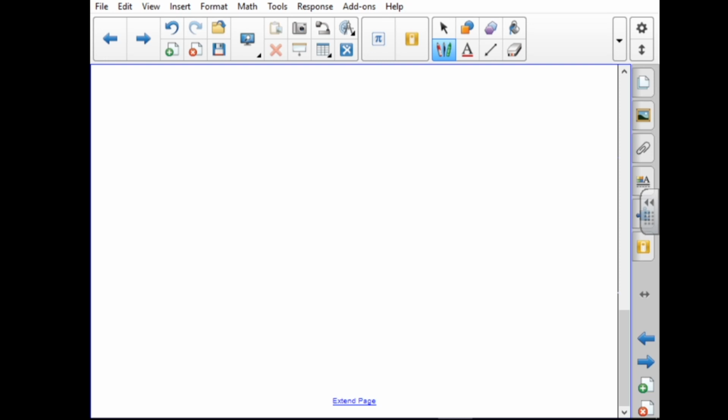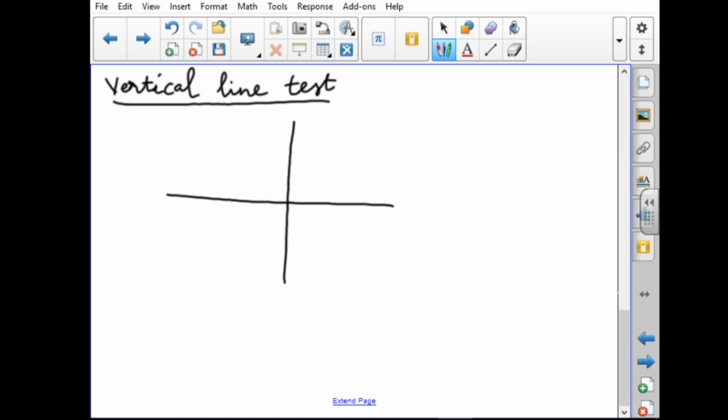Next one, vertical line test. Vertical line test means a curve drawn in a graph represents a function if a vertical line intersects it at most at one point.